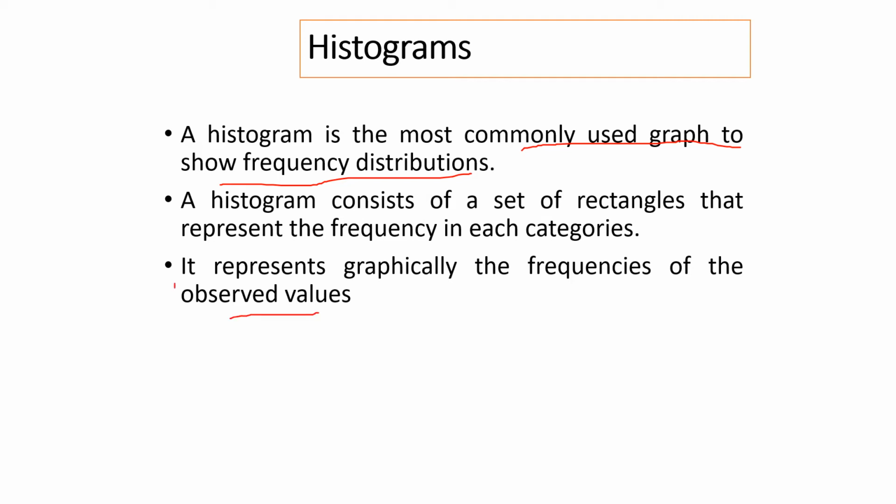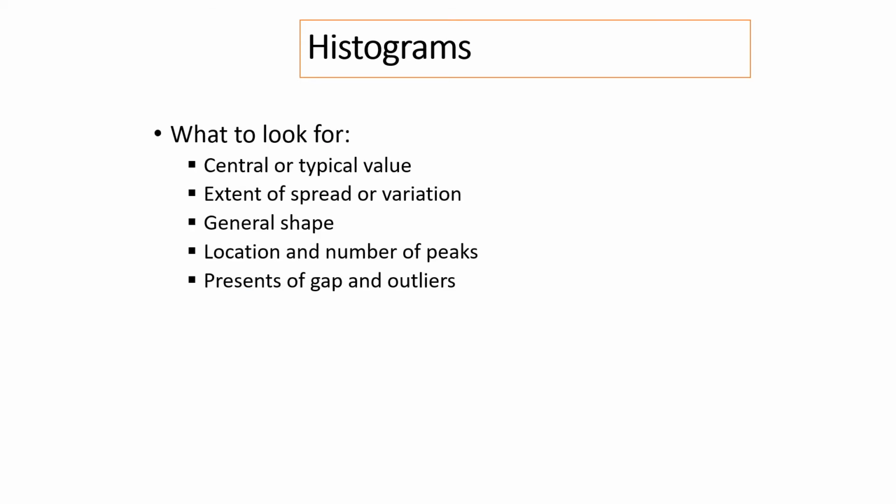So observation value is the data you collect from the sample. What we are looking for in the histogram: the center or typical value, the extent or spread of variety, general shape. You can see the pattern, location and number of peaks, which one is the mode, which is the highest value, and also the gaps and the outliers.